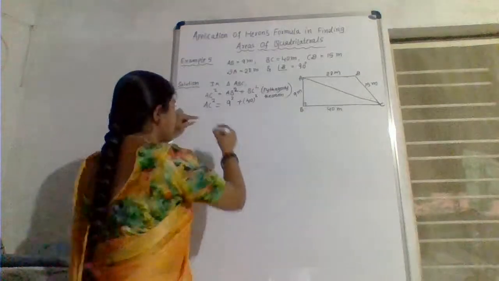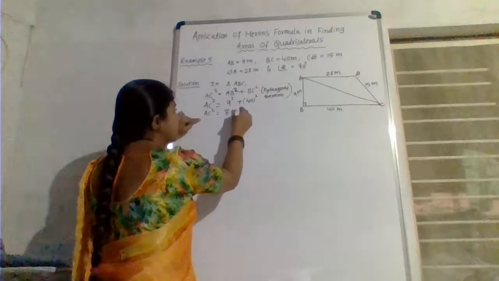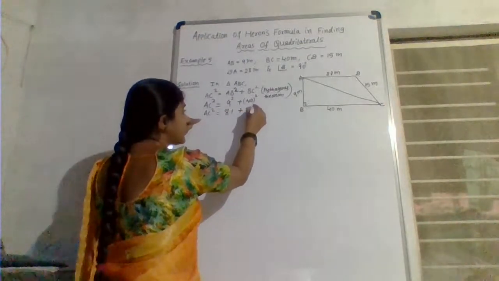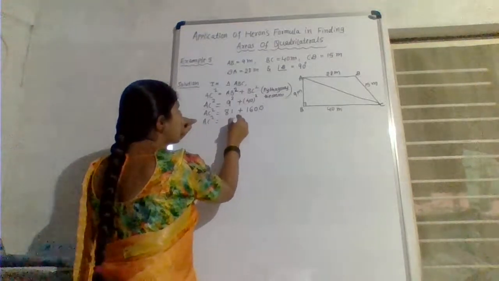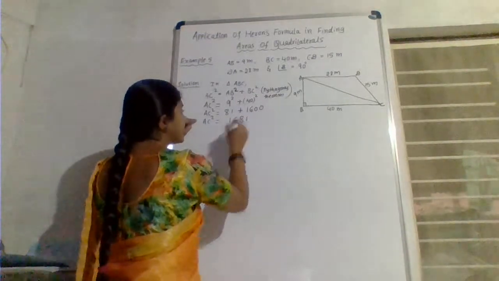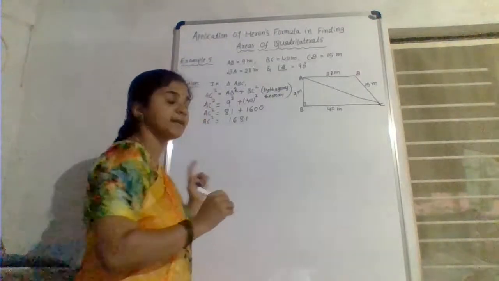What is the next step? AC square is equal to 9 nines are 81, plus 40 into 40 is 1600. AC square is equal to 1681.